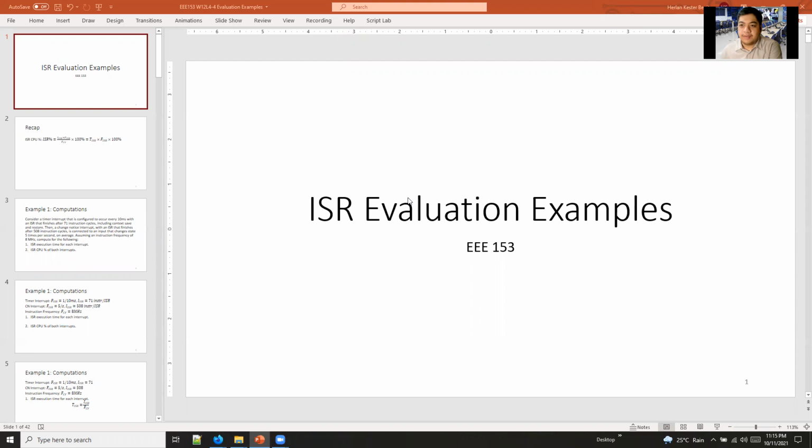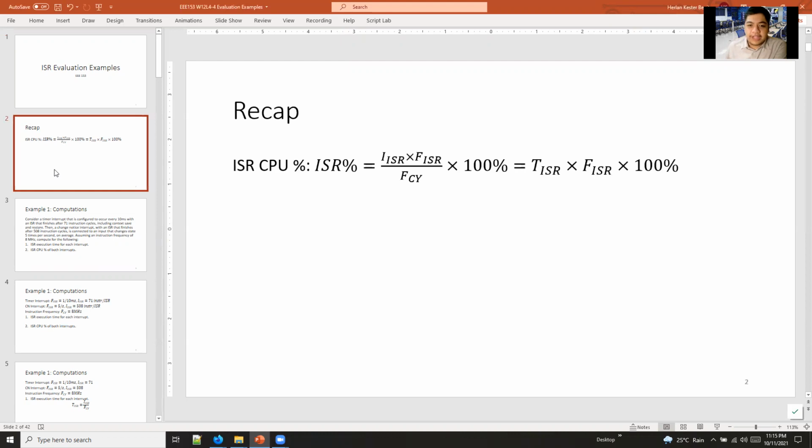So this will be our slides and lecture on some examples concerning ISR evaluation. So that involves yung ISR overhead at saka yung ISR CPU percentage. So recap lang, yung ating main equation is actually just this one.